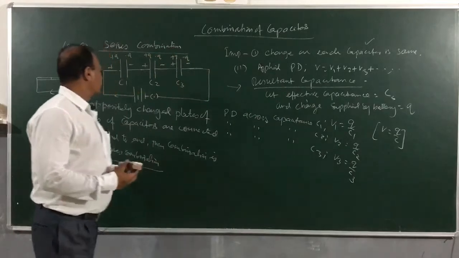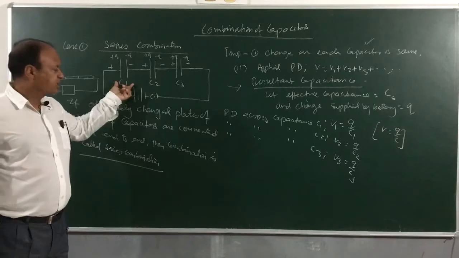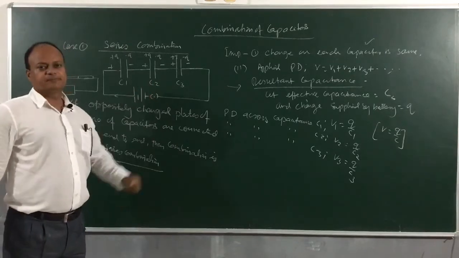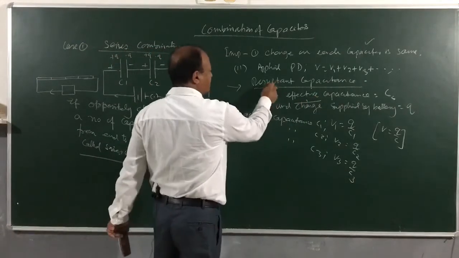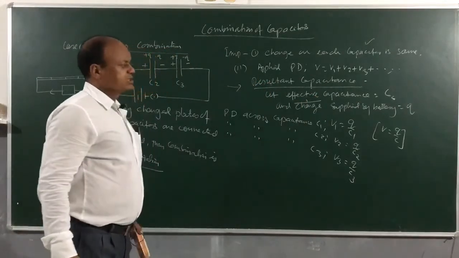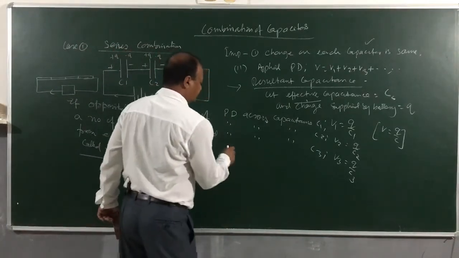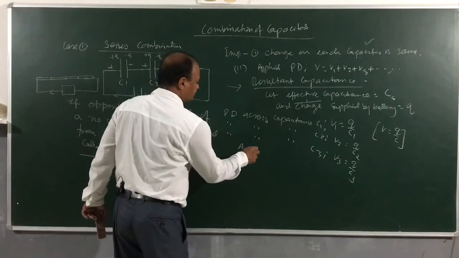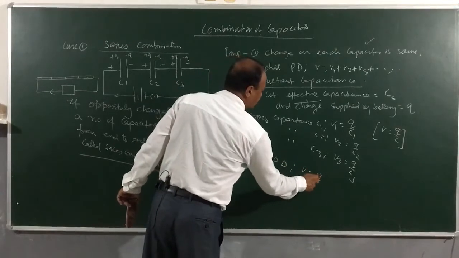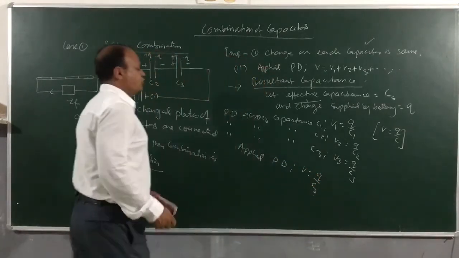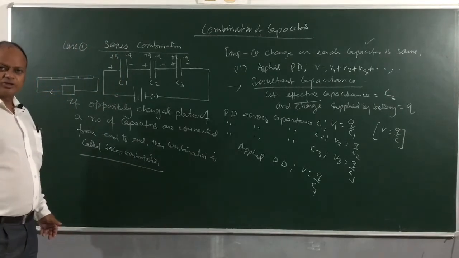So we got the potential difference across C1, and also across C2 and C3. Now this effective or resultant capacitance I have taken as CS. Then we can say that the applied PD will be V is equal to Q by CS, because Q is the charge supplied by the battery and CS is the effective capacitance of the network.